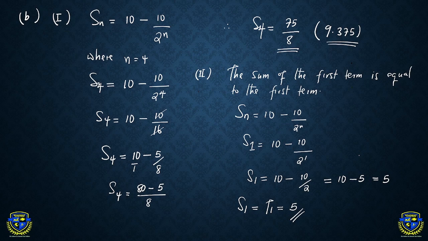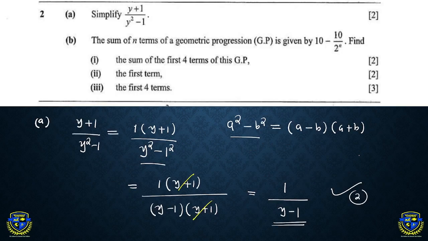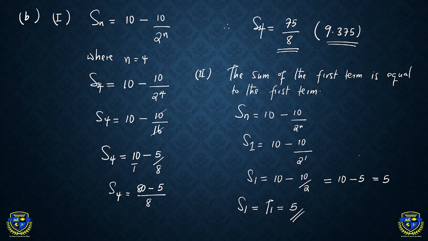We continue. We look at the next question. The first 4 terms. Now when we say the first 4 terms, we have the first term already, but we need to find the second term. So I want you to follow me very well.